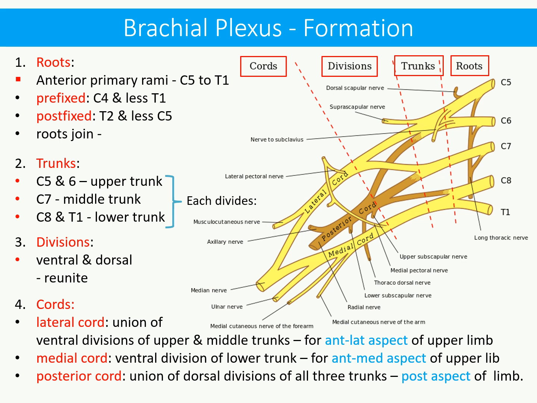Second is medial cord, which is the continuation of ventral division of lower trunk, and it is meant for innervation of anteromedial aspect of the upper limb. Third is posterior cord, which is formed by the union of dorsal divisions of all the three trunks and is meant for the innervation of posterior aspect of the upper limb.